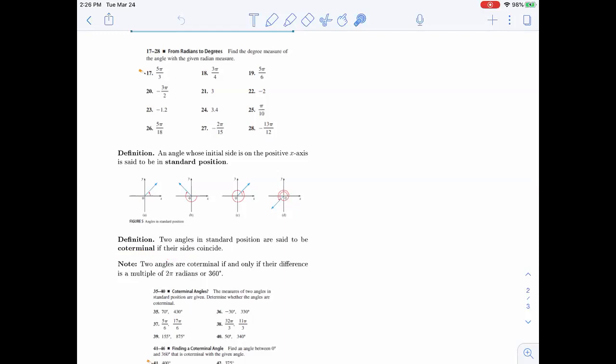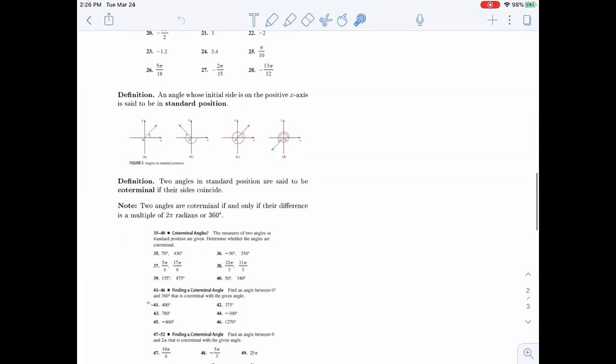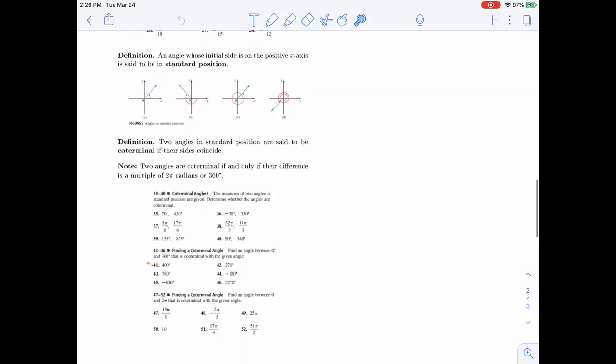So if they're coterminal, it means that they have the same terminal side. So what that means is that two angles are coterminal if their difference is a multiple of 2 pi radians or 360 degrees, depending on if you're working in radians or degrees.